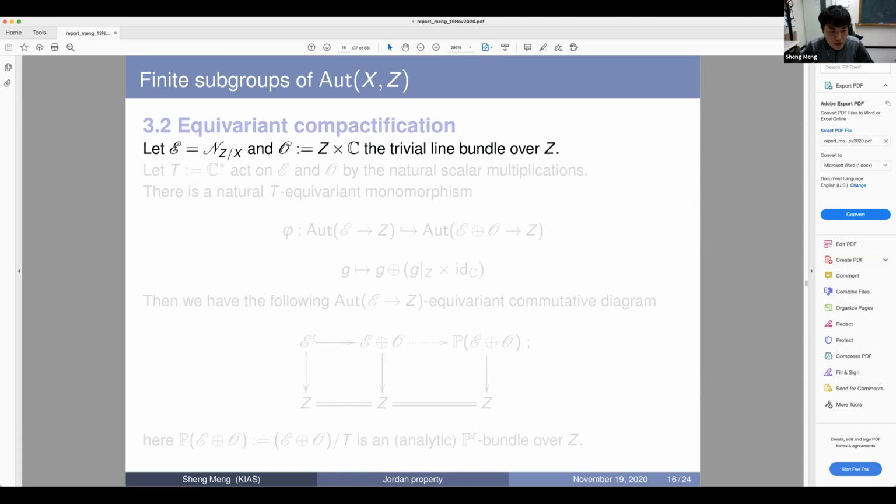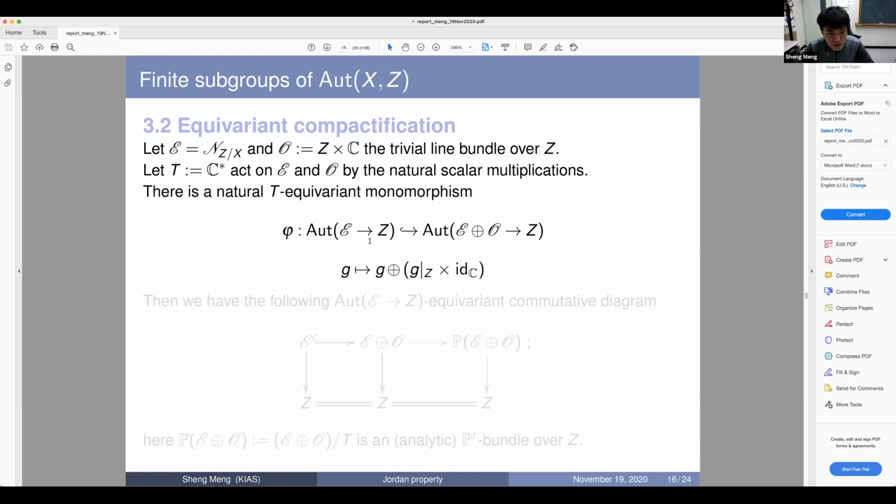But now our bundle is not compact, so we first let E be the normal bundle and O_Z times C simply the trivial line bundle over Z. And we consider the T, which is a one-dimensional complex torus, acting on the vector bundle E and O by the natural scalar multiplications. So the action is simply by sending the vector v to tv.